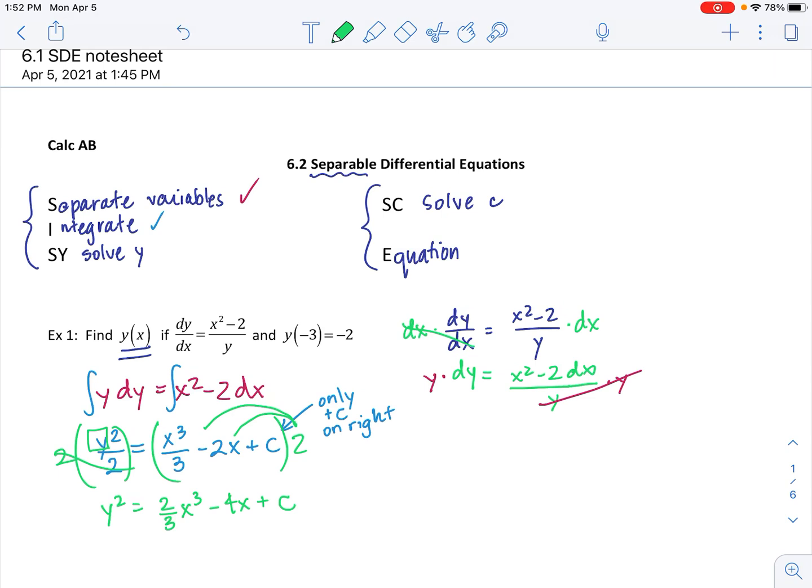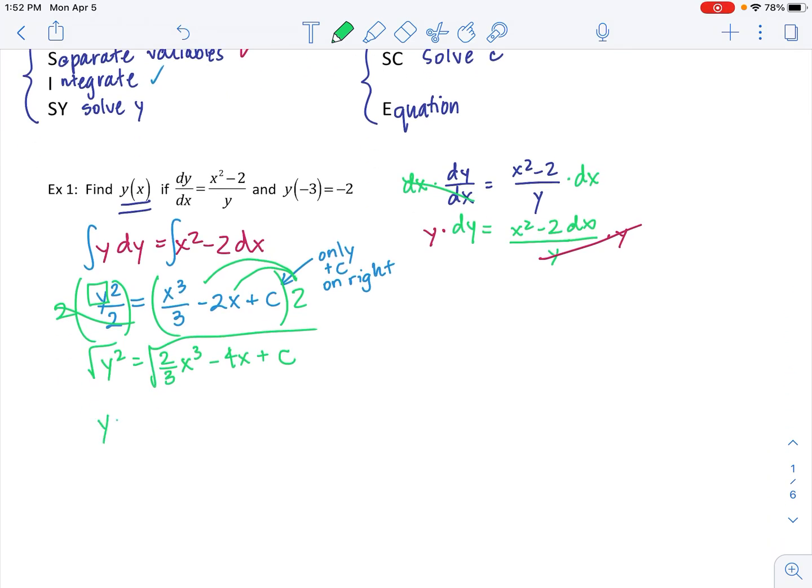Then square root both sides. So the general solution, don't forget the plus or minus, is y equals plus or minus the square root of 2/3 x cubed minus 4x plus c. At this point I have solved for y, so you can check that off.